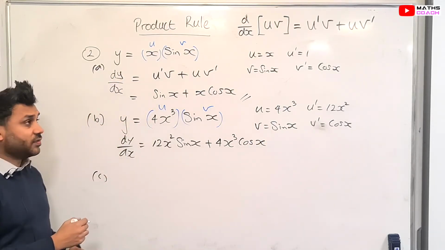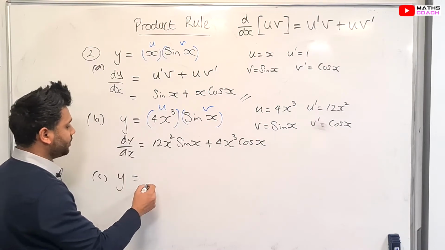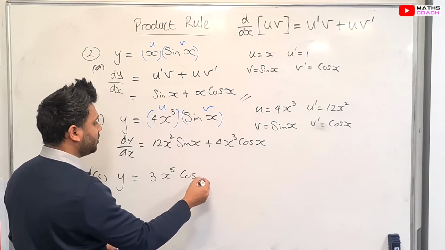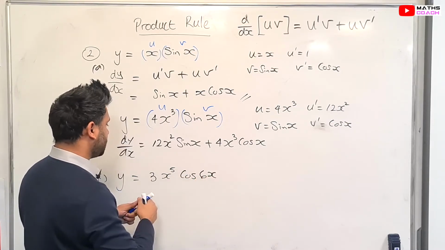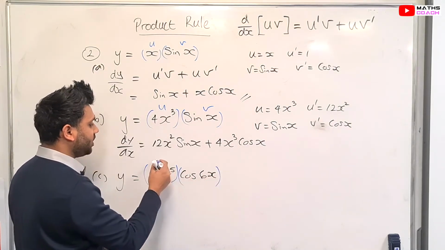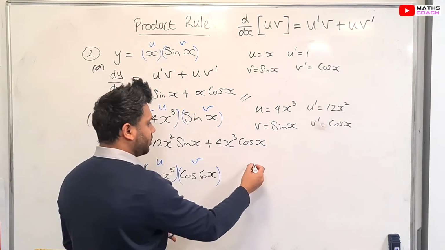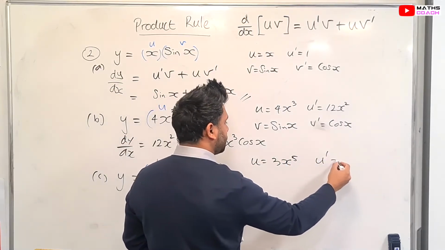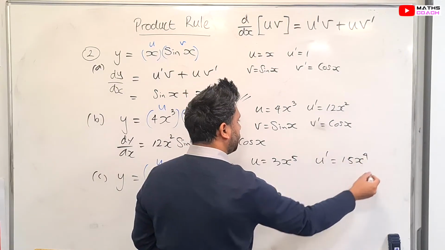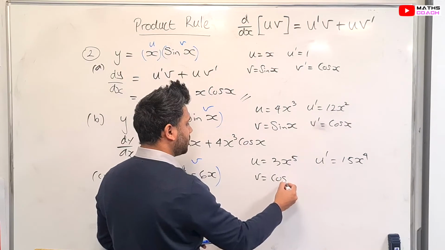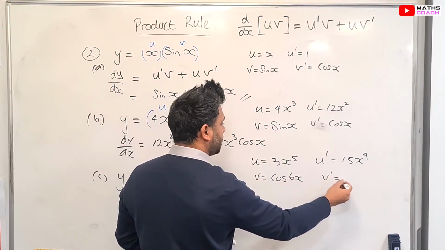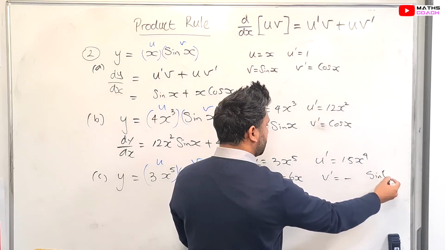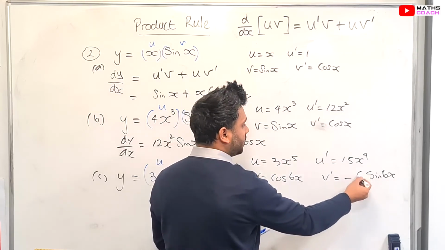And one more variation, if y equals 3x to the power 5, let's say, times cos of 6x. Okay, so we have u times v here. So u equals 3x to the power 5. u dash equals 15x to the power 4. v equals cos of 6x. v dash, again, chain rule here, differentiate the cos, that gives you a minus sine 6x, and then differentiate the 6x, that gives you a 6.